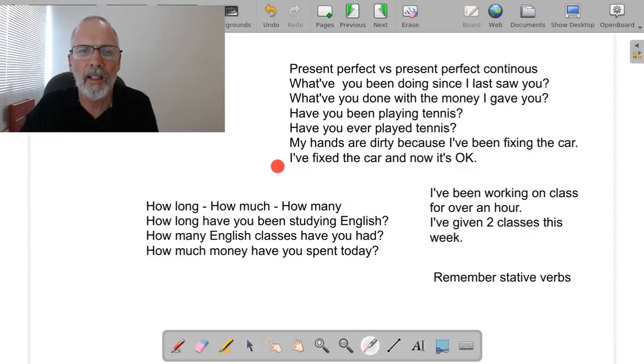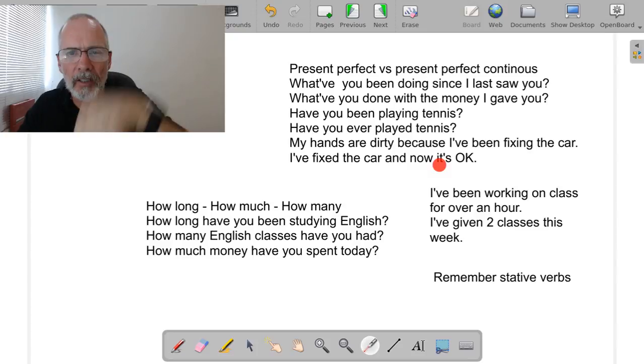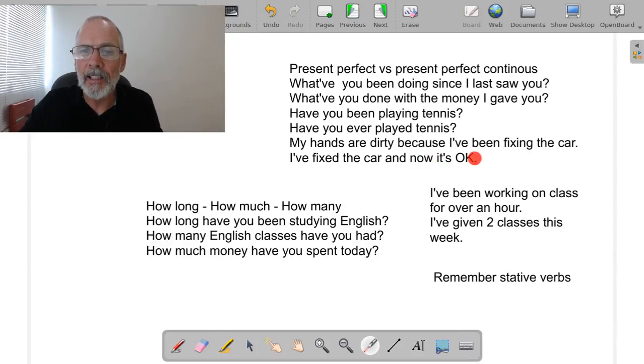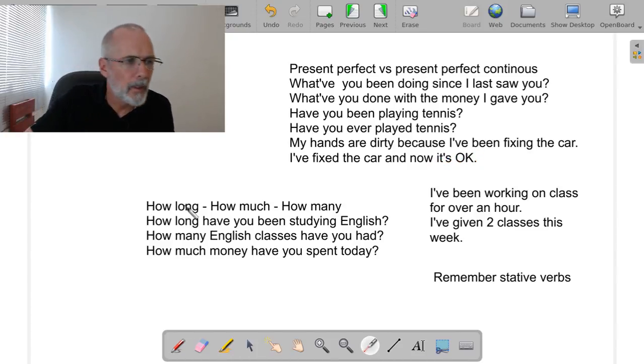I've been fixing the car. And here I've fixed the car and now it's okay. It's the same activity, but here I'm not talking about the activity, I'm talking about the result of that activity. The car is here now, it is okay, present simple.